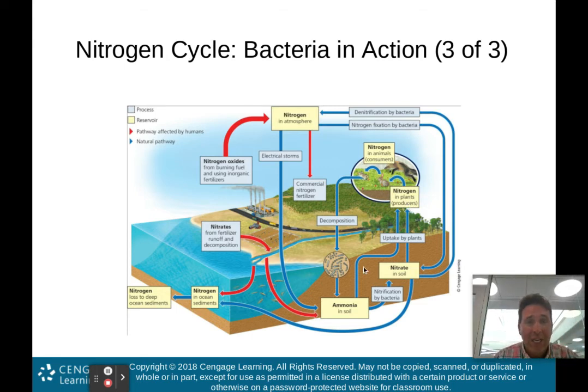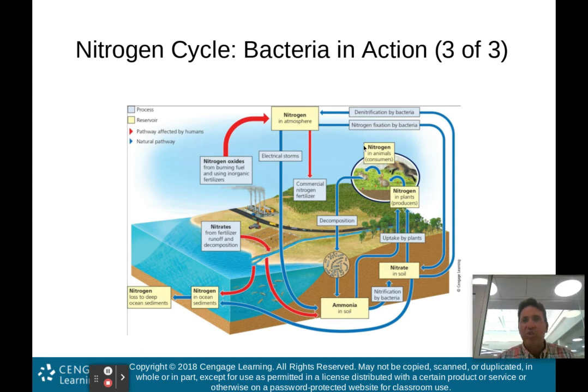Here we have some nitrogen going into the ocean sediments, lost to deep ocean sediments. That nitrogen we can't use, but some of this nitrogen in the ocean sediments is messing up the cycle there. So here are your nitrates from fertilizer runoff and decomposition going into the water system, the aquatic ecosystems, and then again going into the soil.